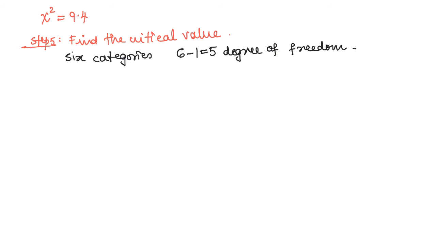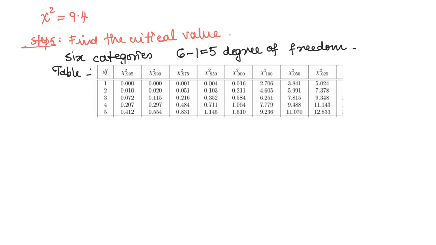From table A4, with 5 degrees of freedom and alpha 0.05, the critical value is 11.070.